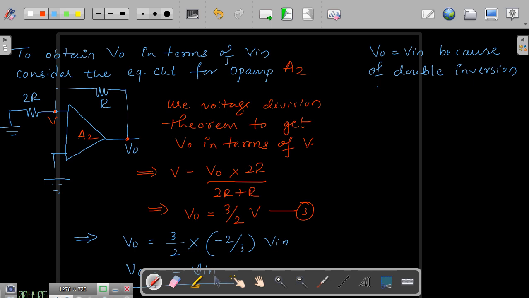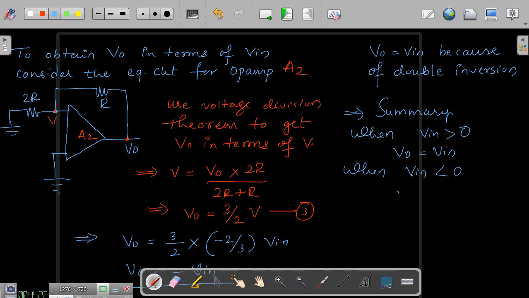So now the summary here: when V in is greater than 0, V0 is equal to V in. When V in is less than 0 also, your V0 is equal to V in.